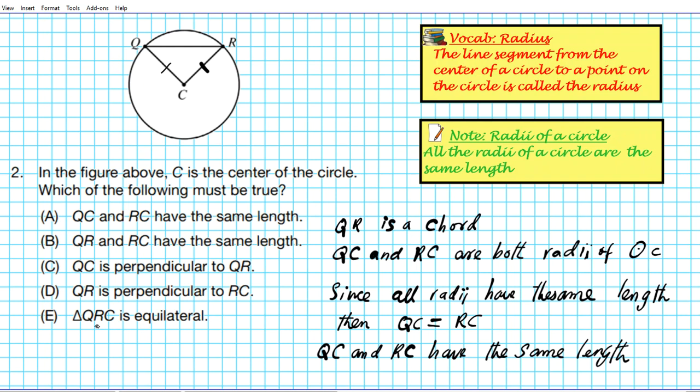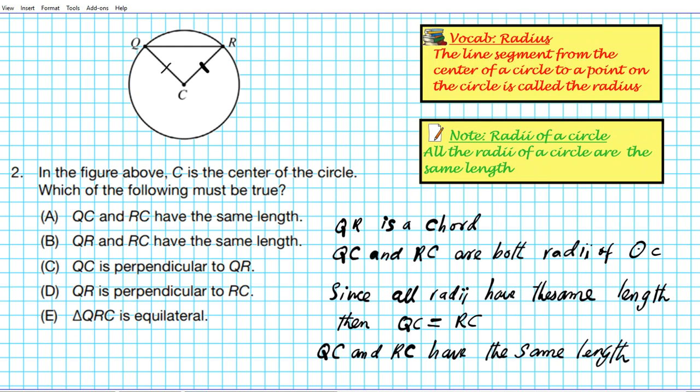Now, equilateral, we do not know if this is equilateral or not. If this were equilateral, guess what? You will be told that QR is congruent to at least one of these two segments, or if you're told that this angle right here is 60 degrees, then you can show that it's an equilateral triangle. But you cannot make any assumptions.